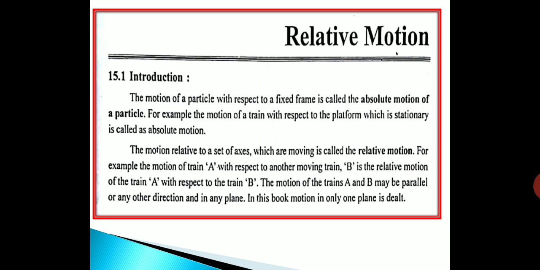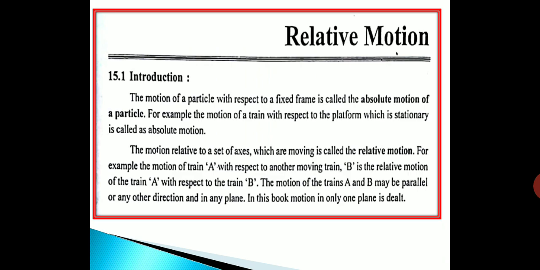Here the platform becomes the fixed entity, whereas the train is moving. Now in this case, the motion of the train is called absolute motion, because it is with respect to the fixed entity, in which case the fixed entity is the platform.